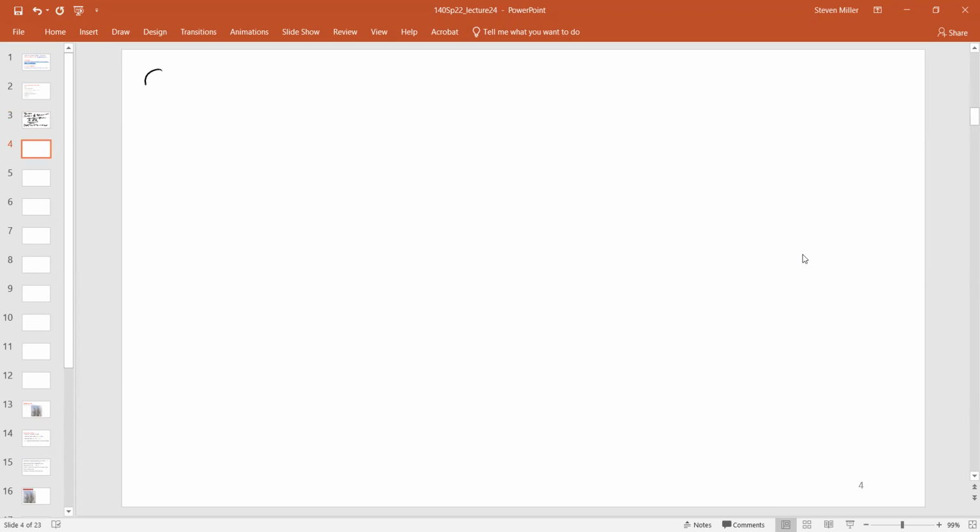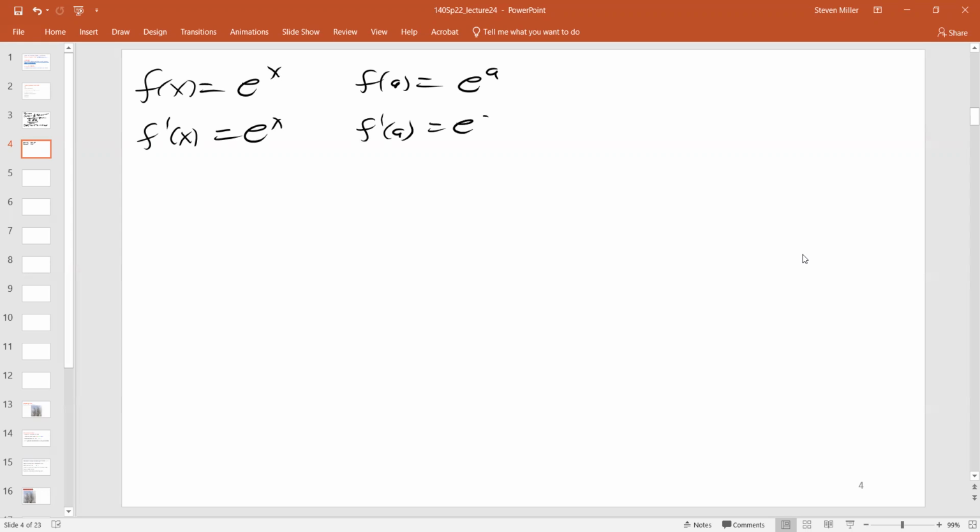And so we've done examples. If I give you f of x is e to the x, f prime of x is e to the x. So f of a would just be e to the a, f prime of a would be e to the a. And so what's the most common point that we'd use for a? The standard point we like to expand things about: 0.